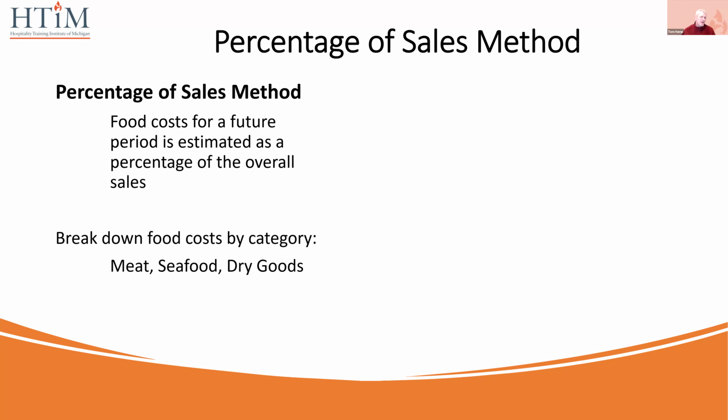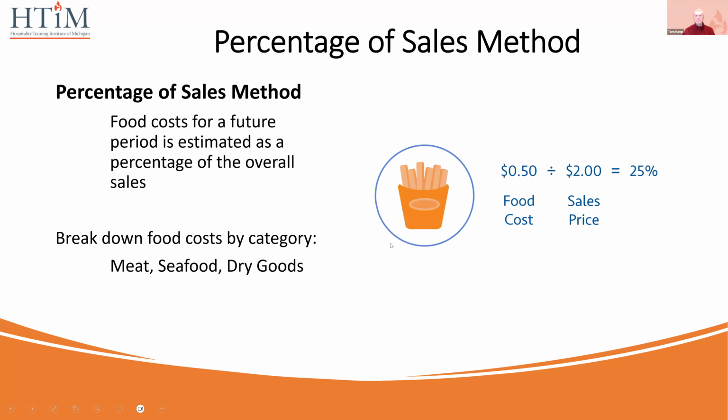But we also may want to break it down per category. We talked about this a little bit earlier. Maybe we break it down into the meat, the protein, seafood, and then certainly your dry goods, on how well we're doing in those particular areas. A real quick example: we take our food cost divided by our sales price, we get our food cost percentage, and then we apply it.